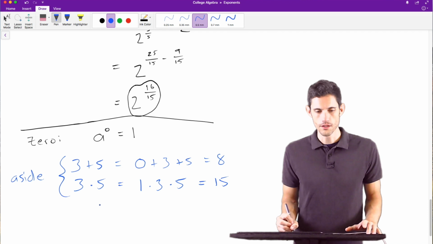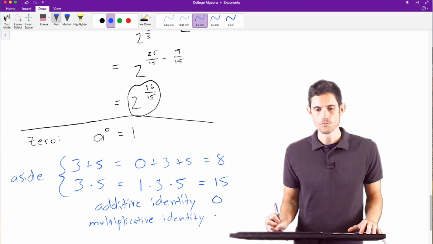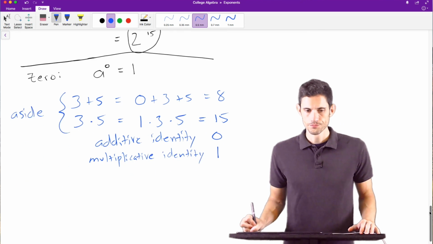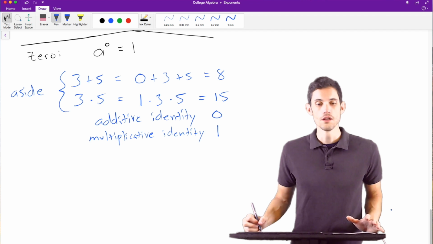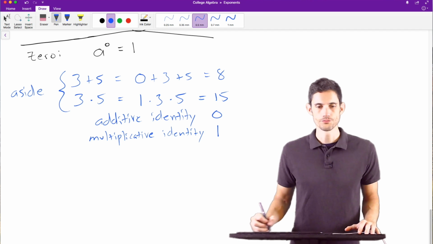If you're interested in reading more about that, look up additive identity, which is 0, and multiplicative identity, which is 1. In college algebra, you just need to know that if you raise a number to the power 0, you get 1.